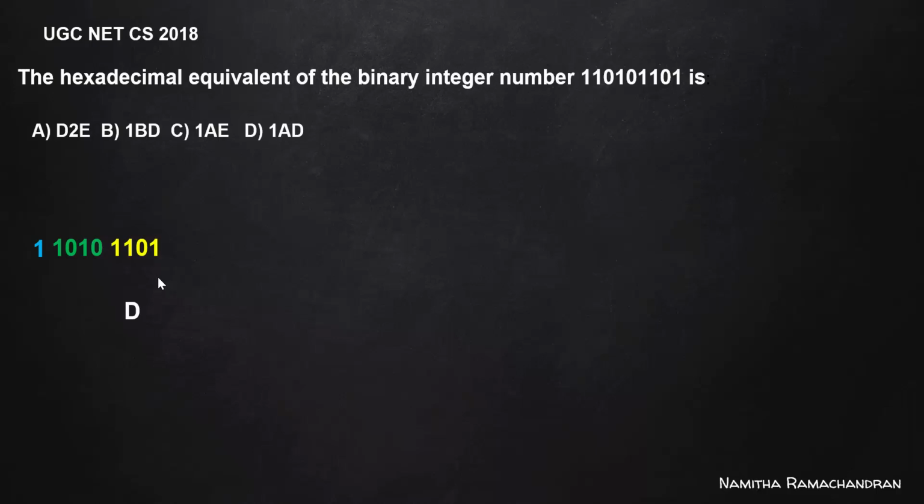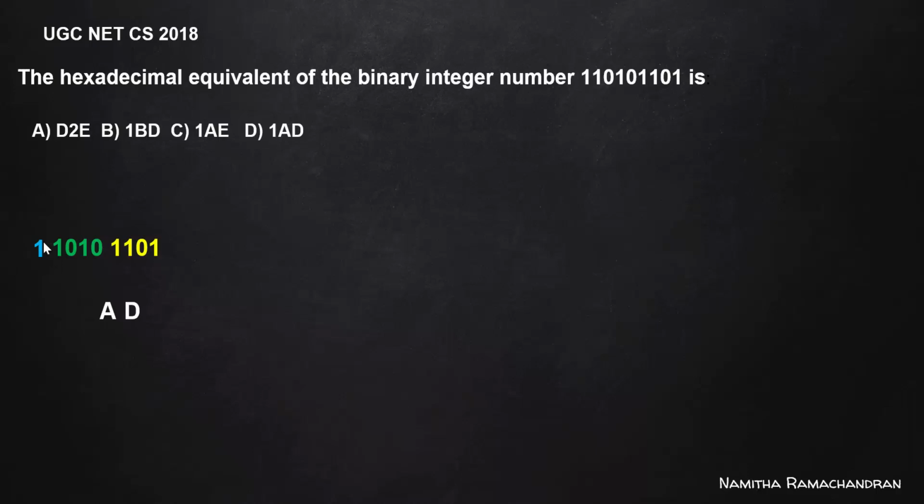which is equivalent to our, now we need to map its hexadecimal representation. 1101, the hexadecimal equivalent is D. And for 1010, the hexadecimal equivalent is A. And for this one, we can add any number of zeros in the left end of a binary.